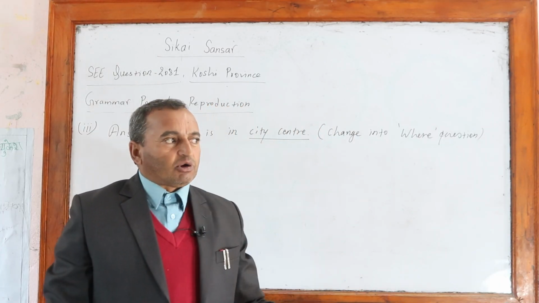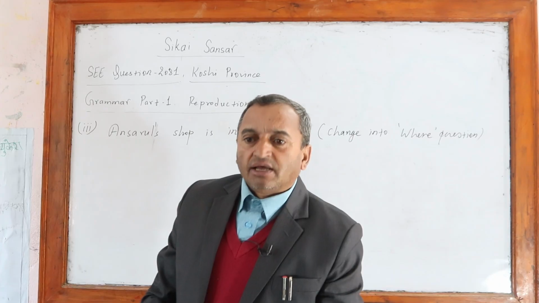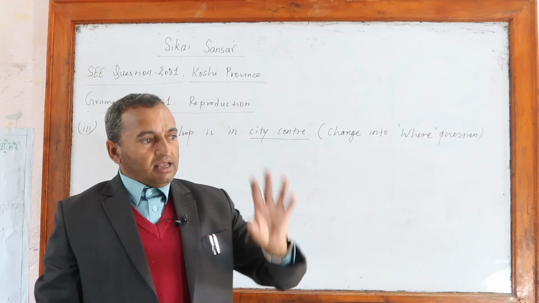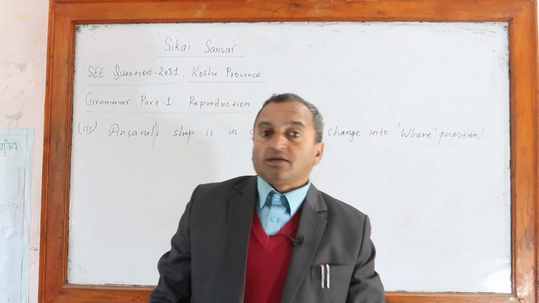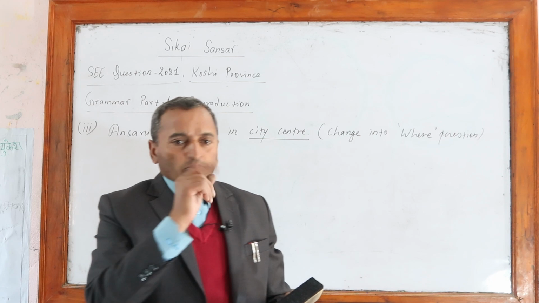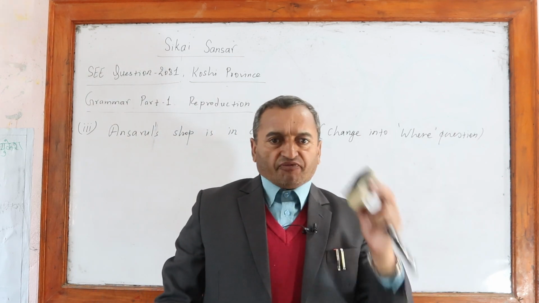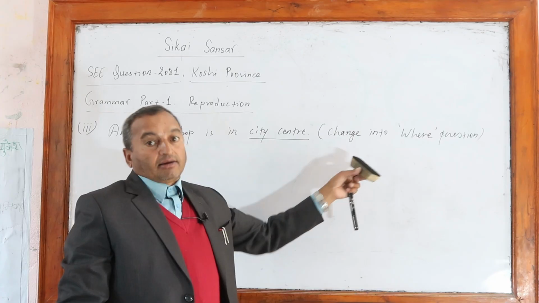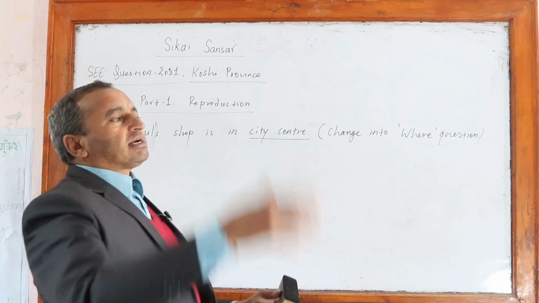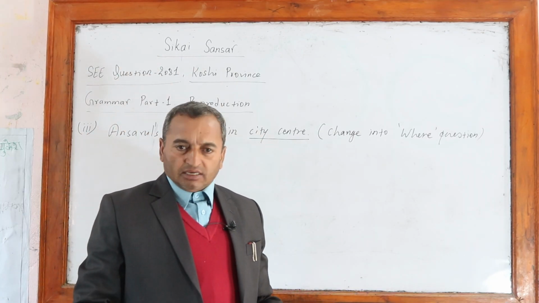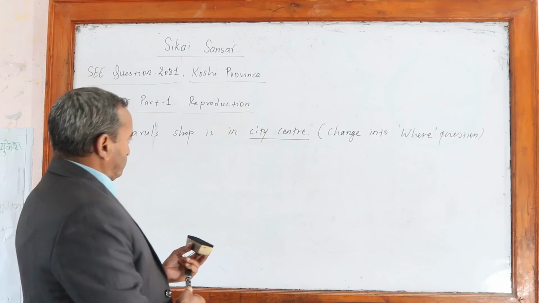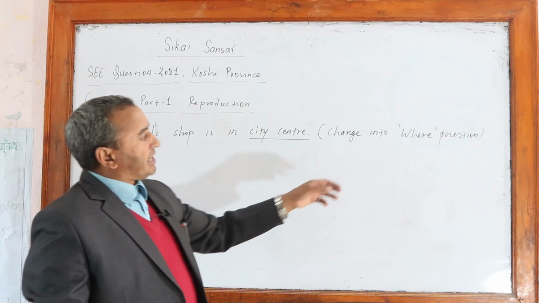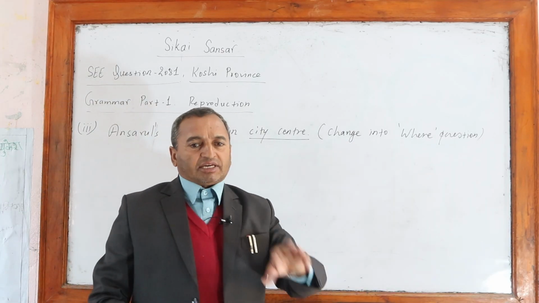If there is a which question, a thing is the answer. If there is a where question, a place is the answer. So we will try more examples later. But first of all, let's change this sentence into a where question, and then I will bring lots of examples later.